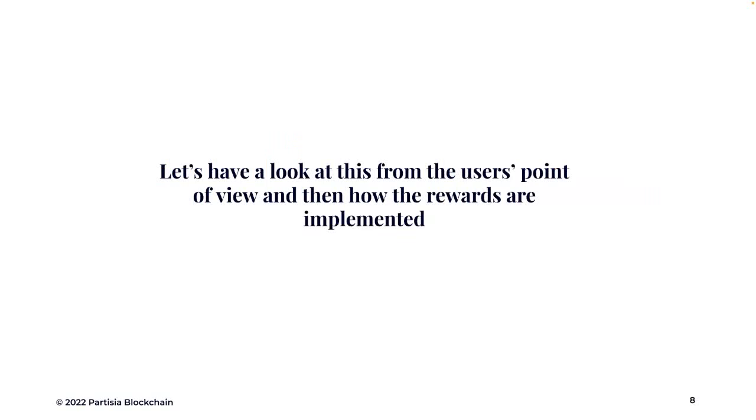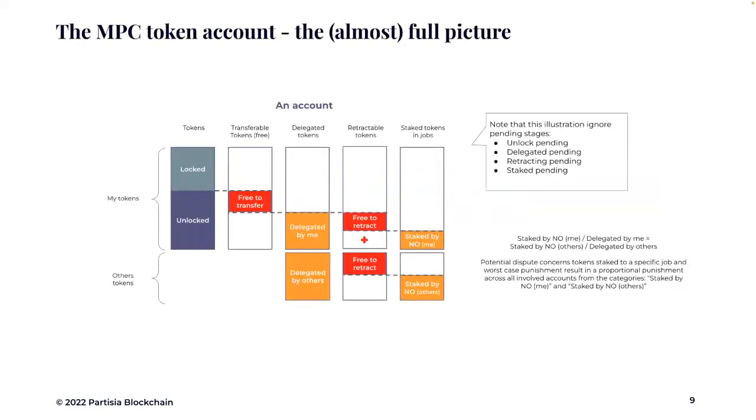So now we look at more detail. We'll look at this from the user's perspective, and then we'll look at how we are implementing the mainnet rewards. There's a lot of data involved in this. For a start, let's have a look at a token account. A token account could contain all of what we have in this picture here. You could have your own tokens that are locked or unlocked.